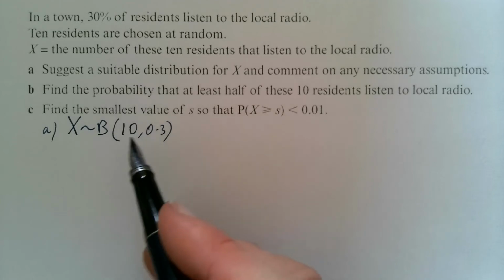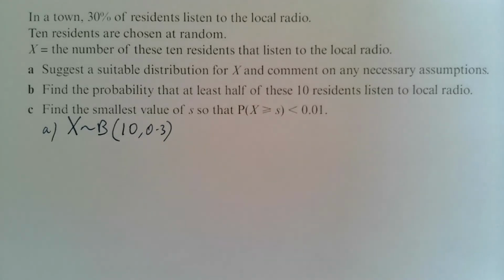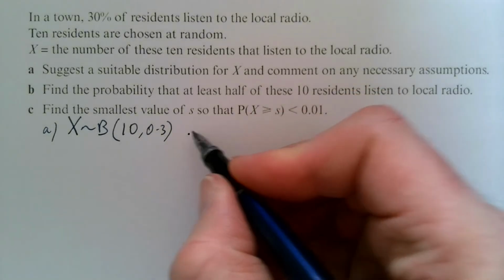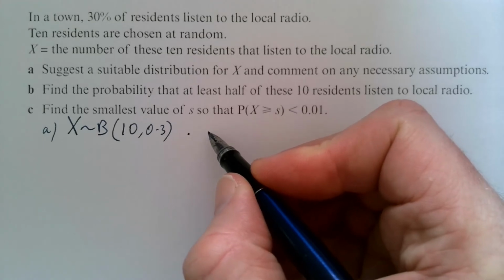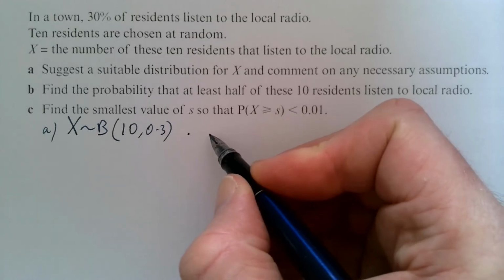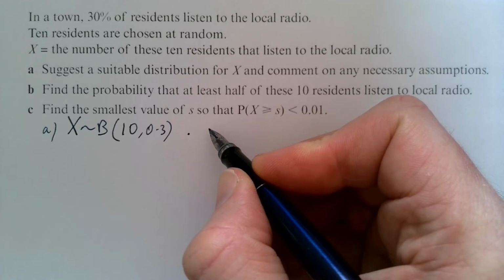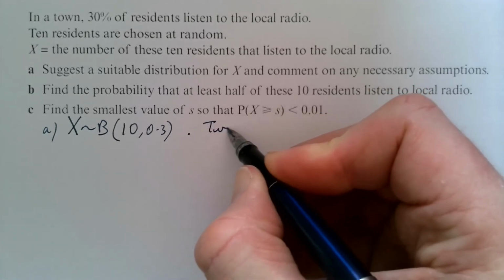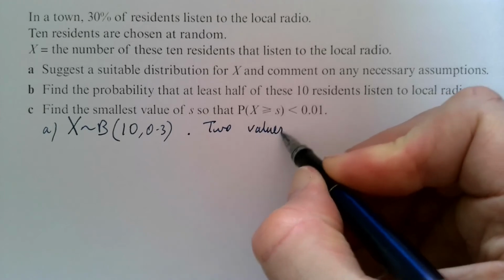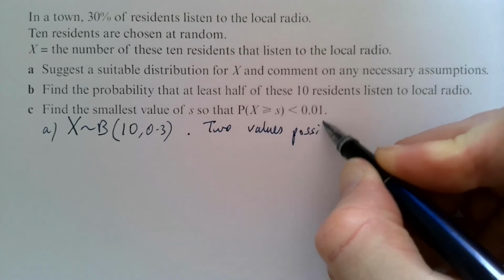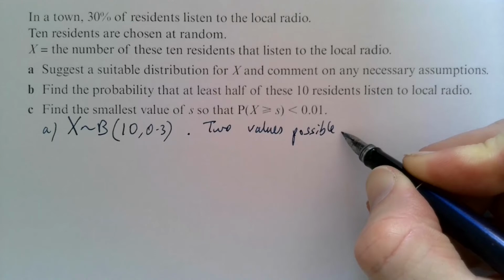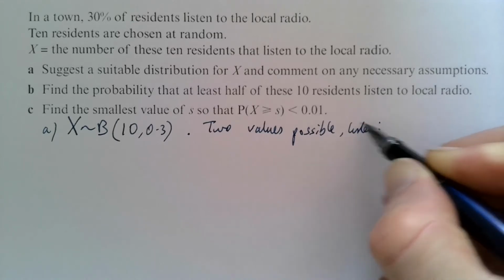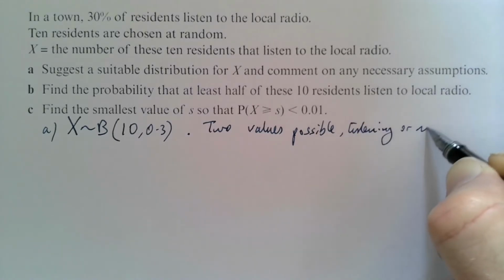That's your suitable distribution. And your necessary assumptions: there are exactly two values it can take, either people listening or not listening. So two values possible, listening or not.